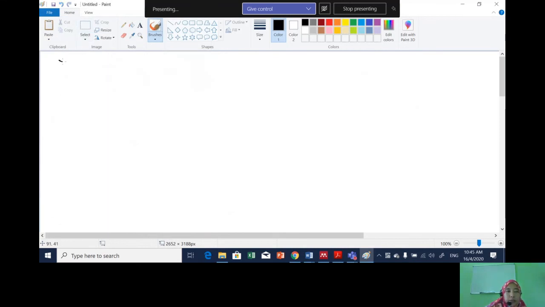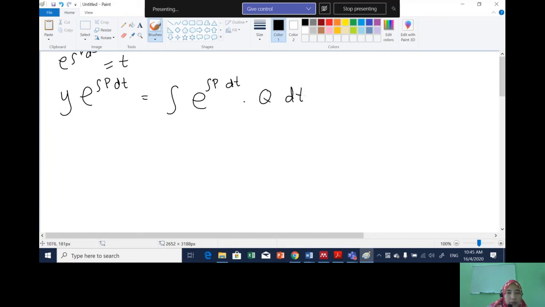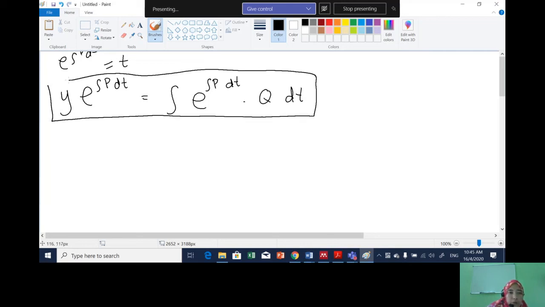Okay, so we find out already that the integrating factor e to the power of the integral of P dt is equal to t. Then we refer to the formula: y times e^(∫P dt) equals the integral of e^(∫P dt) times Q dt. Okay, so this is our main formula for the linear method.